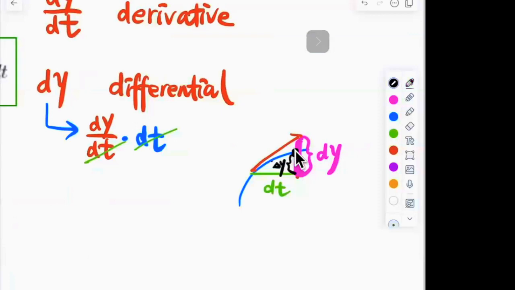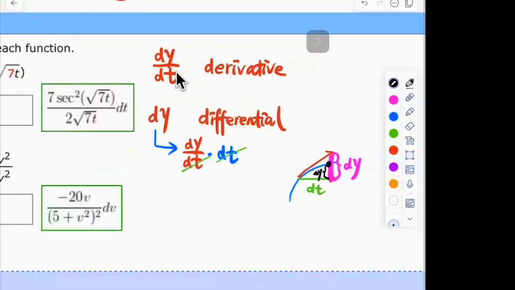And dy is the change of y along the tangent line. So when t goes from here to here, then y changes from here to here. That's dy.